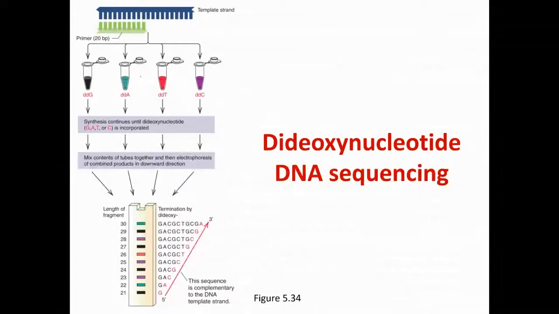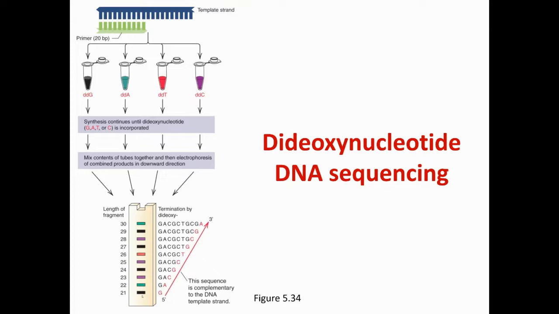Then they will have different lengths of fragments with different colors, and each color will represent the location of that specific nucleotide. After the reaction, they perform the capillary electrophoresis. The capillary electrophoresis will arrange the fragments from the smallest size to the largest size and go through the detector, so they can detect the color.